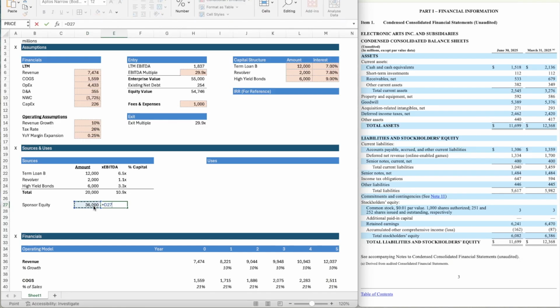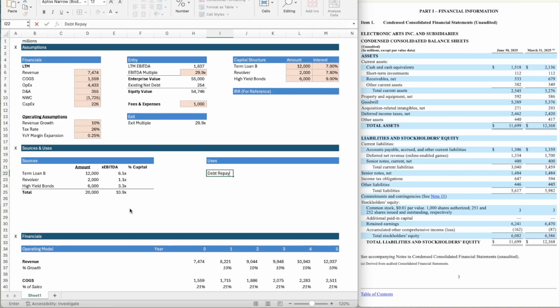And that divided by the last 12 months of EBITDA gives us the, actually, no, sorry, I'm doing this wrong. Okay, we've done that bit. We need to do the uses now. That is right, but it's not the right way around to do it. So this is the right way.